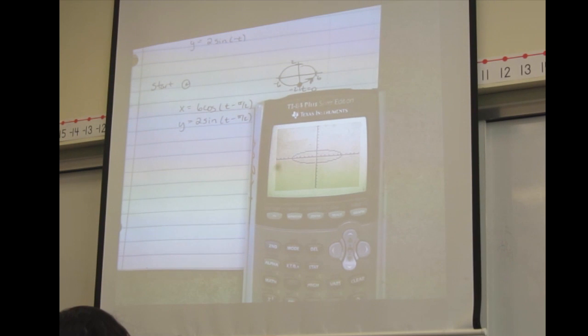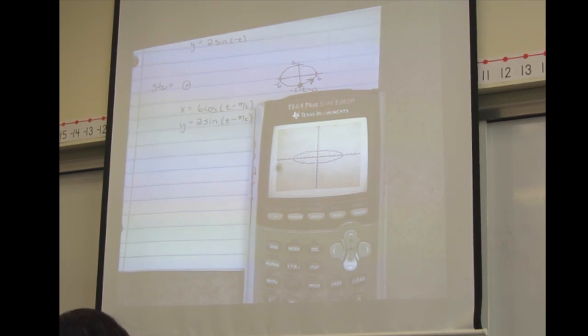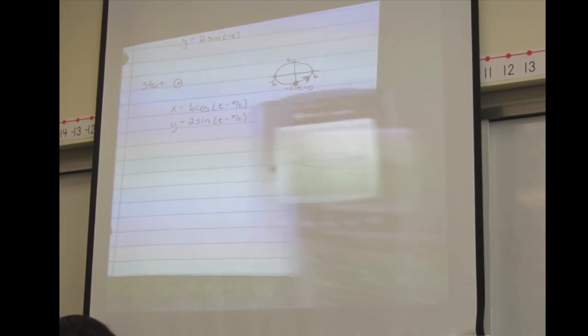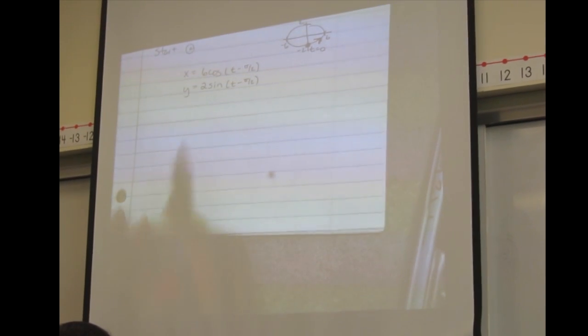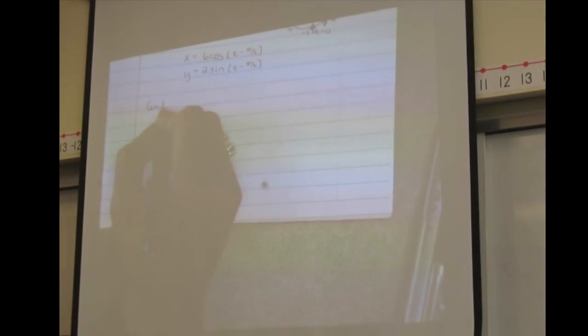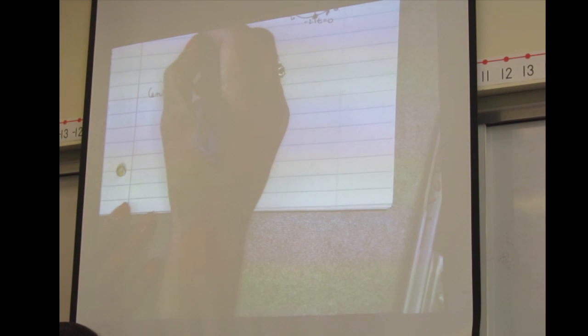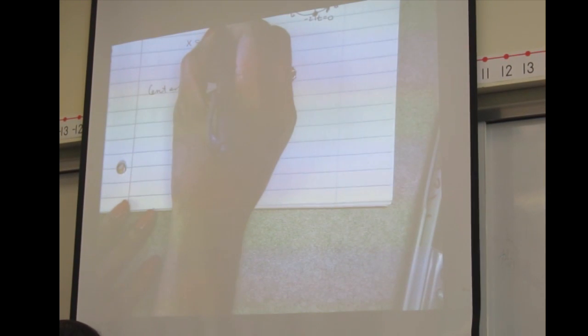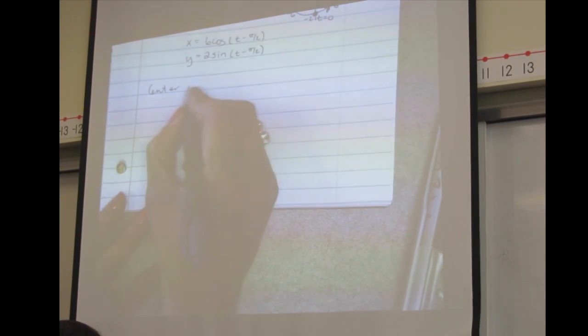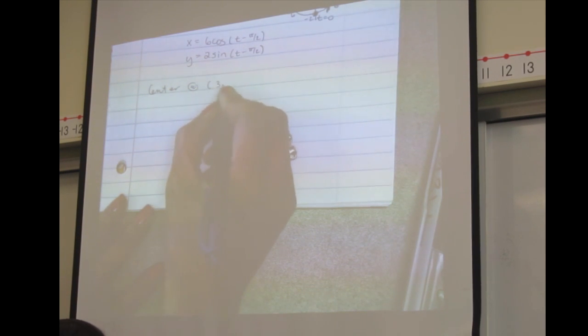Okay, so now, how about if we want to change the center? Mine's outside. Okay, so here we want the center at, let's say, 3 comma negative 1.